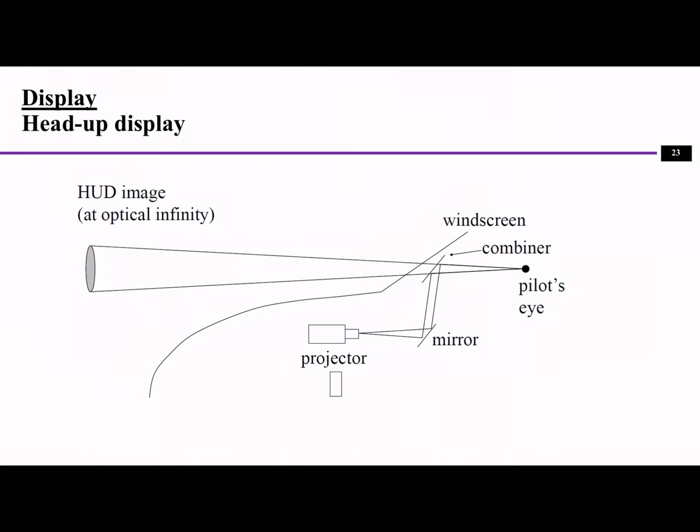One type of display is a head-up display. For the head-up display, we use a projector here, and then we use a mirror in order to create an image here. From the pilot's eyes, the image appears as if seen at a further distance beyond the windscreen.